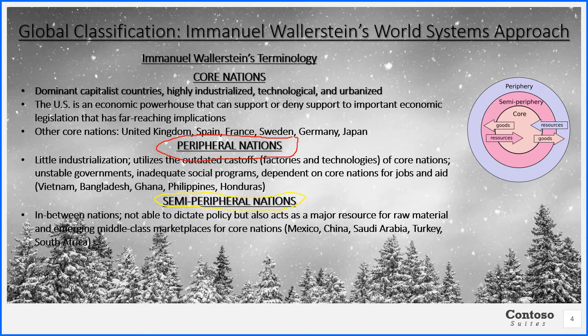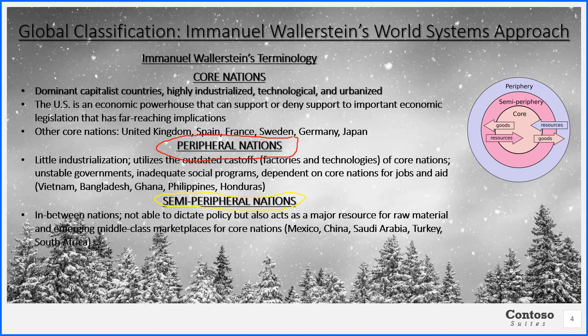You also have a lot of instability in the governments, inadequate social programs, so no education programs, not very well developed health programs for public health, etc. By and large, these nations are very dependent on the semi-peripheral and the core countries in order to have jobs and to get aid, financial aid or food aid, or disaster relief, for instance, like in Haiti.